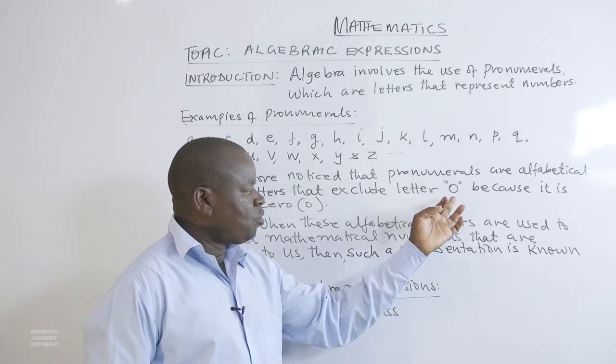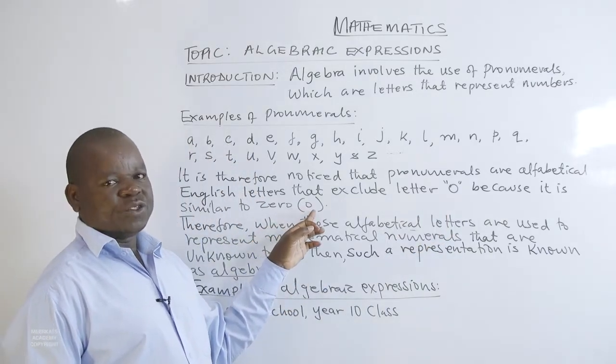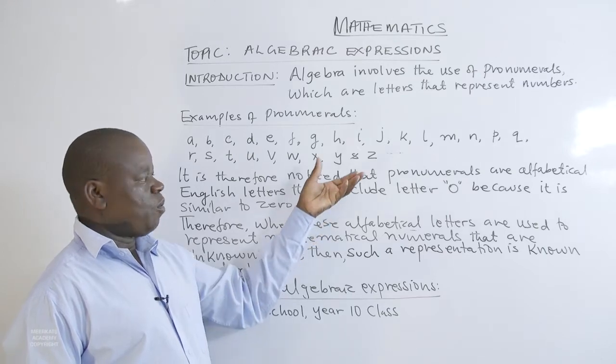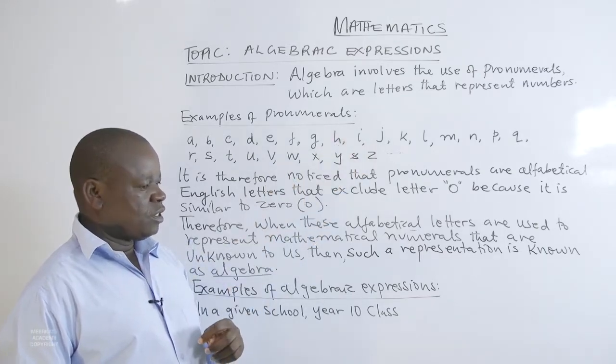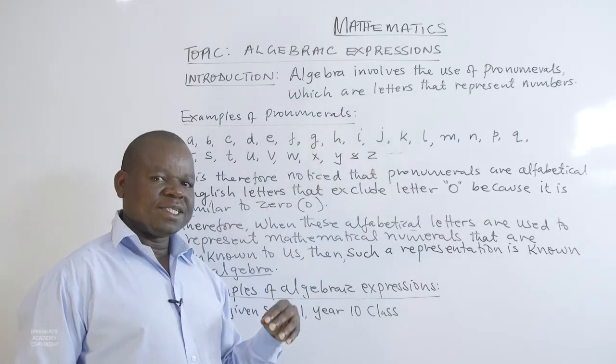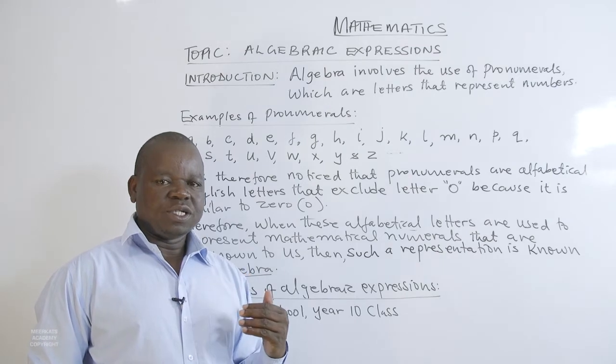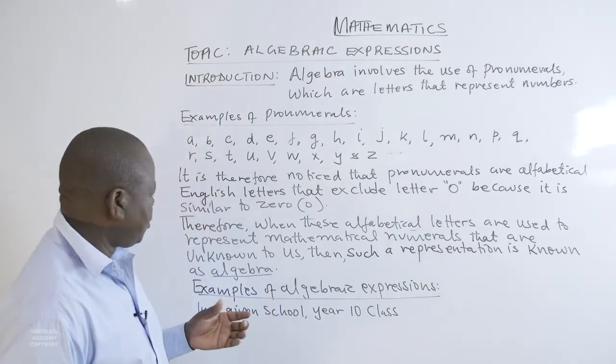Because the letter O is similar to the number 0. That's why it is excluded from our pronumerals. So whenever we use any letter to represent a numerical number, that is called algebra.